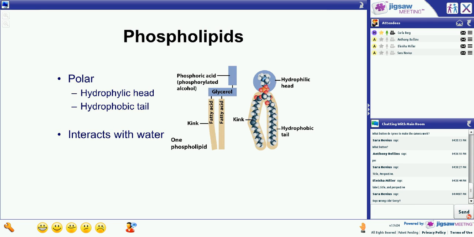You have a hydrophilic head and a hydrophobic tail. Hydrophilic means water-loving, and hydrophobic means not water-loving. So the hydrophilic head points to the outside of the cell, and it interacts with the water.